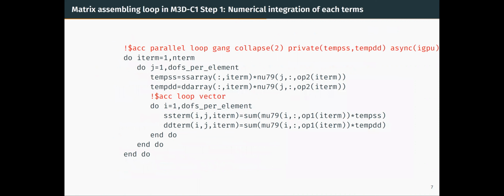So here I'm showing the key point of this optimization, which is the numerical integration part. Here we can see that we have a nested loop. The first layer is the loop over different terms. The second one, the J loop, is a loop over all the test functions. And the third loop, I, is a loop over all the basis functions.